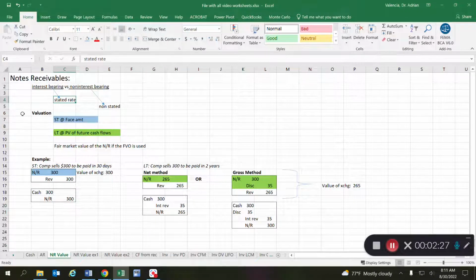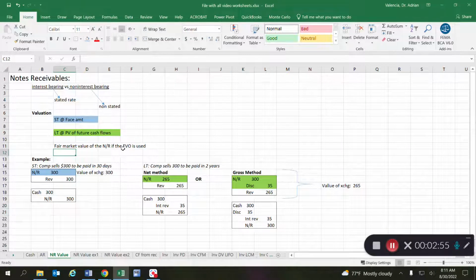Okay, so valuation of the receivable. Straightforward. If it's a short-term note, then it's at face amount, just like we discussed before. And if it's a long-term note, more than a year, then we have to value that at the present value of the future cash flows. There's also another valuation approach that is an option for a company, and that's to mark your notes at fair market value. That's referred to as the fair value option under GAAP.